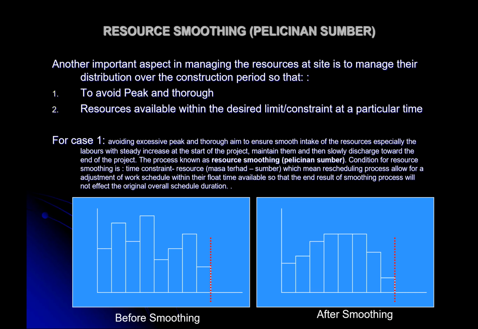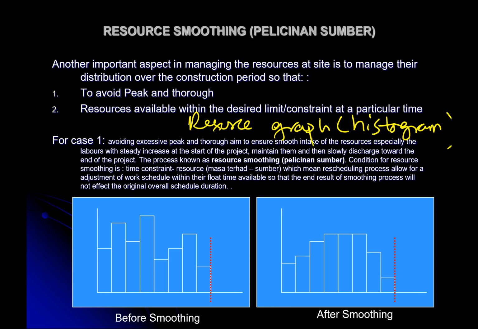Okay, this is the scenario. Maybe you can still remember the resource aggregation or resource histogram. This is an example of a resource histogram, or in Microsoft Project, they call it resource graph. Resource graph or histogram.